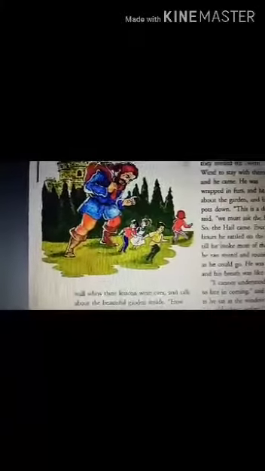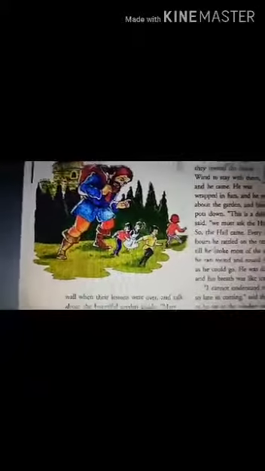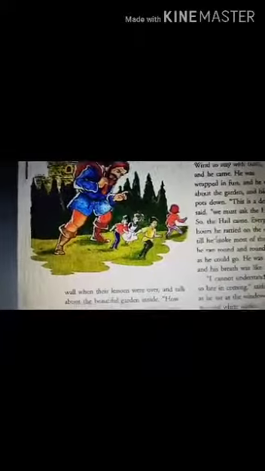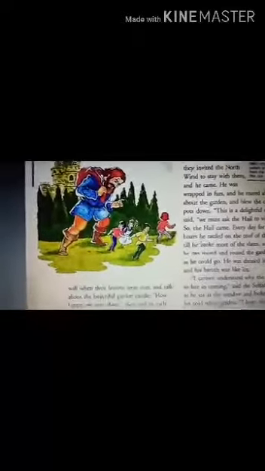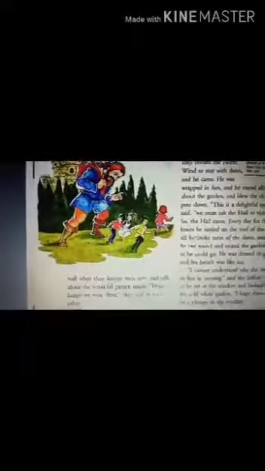He used to sit in his room and talk about his garden, that his garden was full of flowers, full of cherries. So one by one, the hail came.